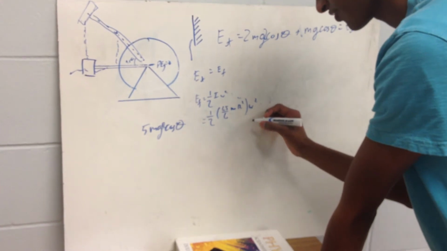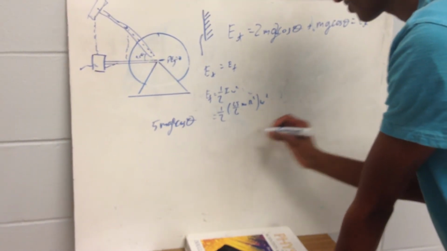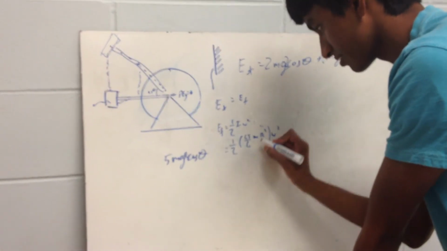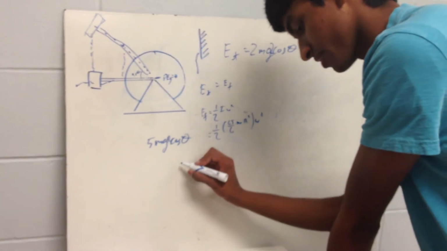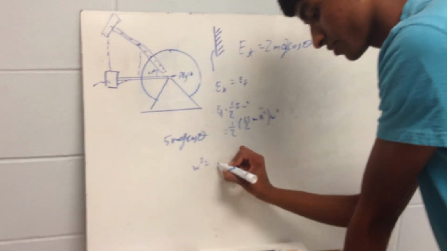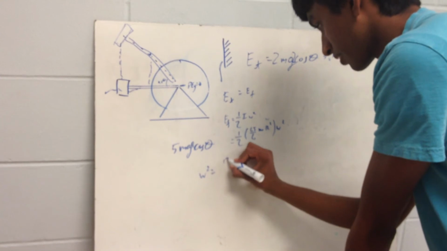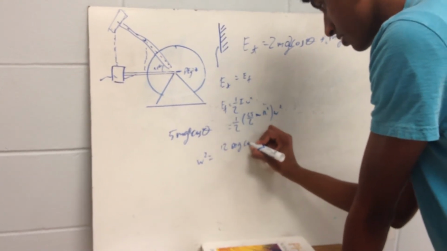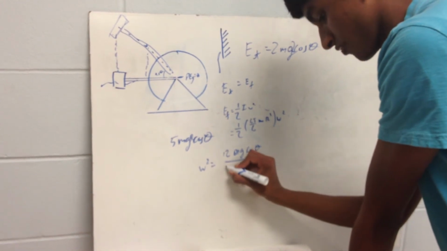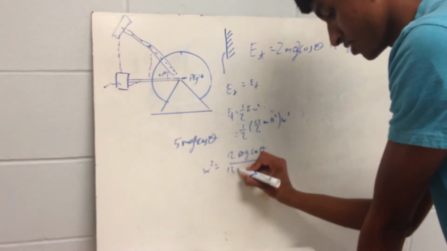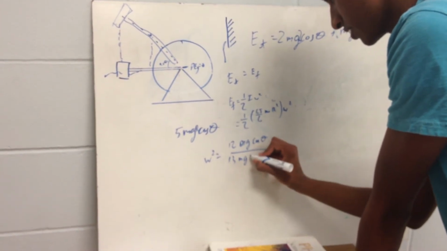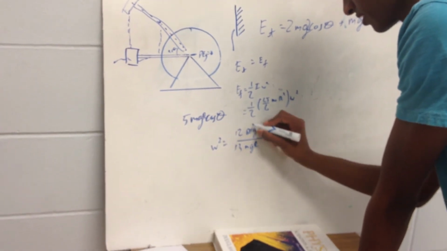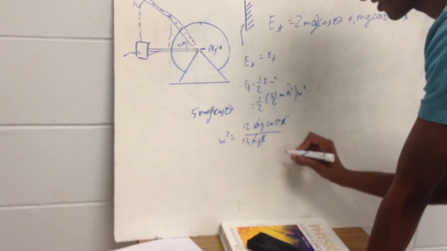So now we can just solve for the value of w. We go ahead and divide both sides by this quantity, and we get w squared equals 12 mgr cosine theta over 13 m r squared, by the way. And the m's go away and one of the r's goes away.